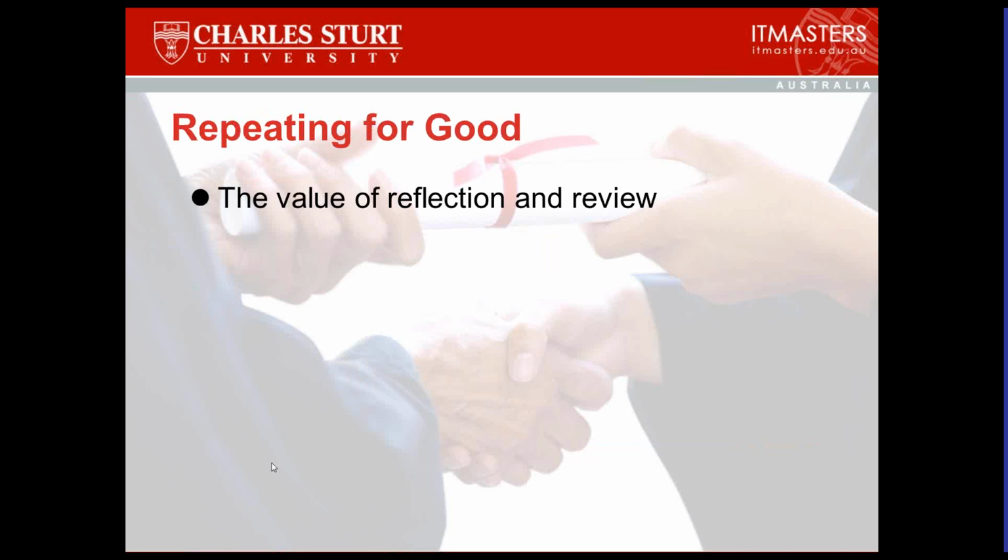So a lot of what we're talking about is to discuss the real value of the reflection and review process. If we don't have this working well enough, then we're simply not following the tenets of Scrum, we're not effectively agile.